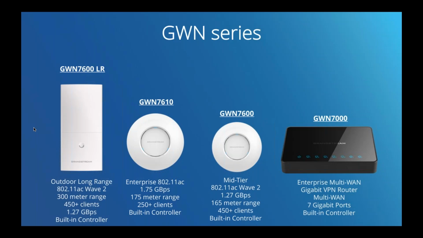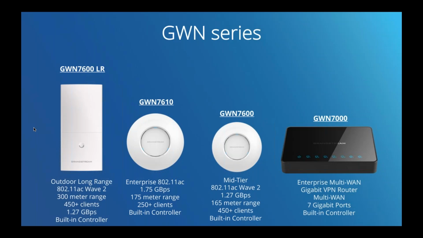So these devices that you see here, again, we've touched on these in the past: our GWN series of Wi-Fi access points and router. These are full enterprise-grade Wi-Fi access points. Some of the best things about these devices are the built-in controllers that they offer.